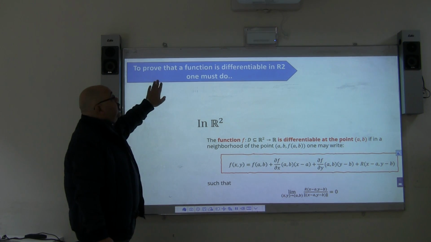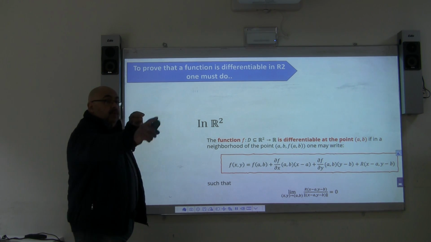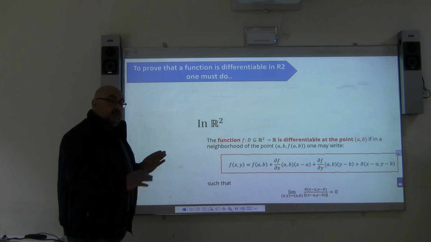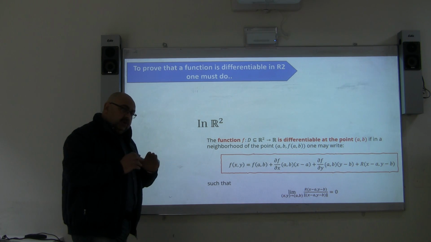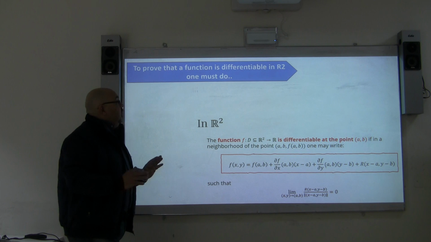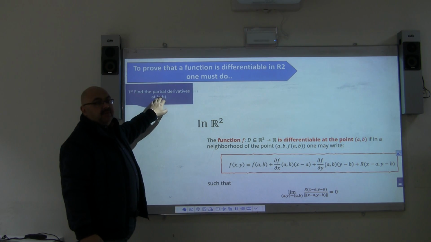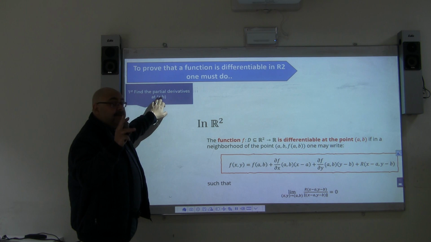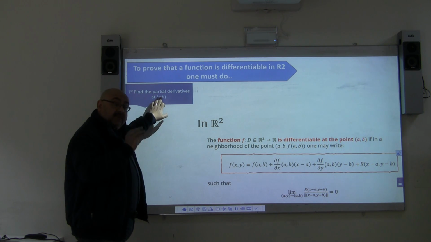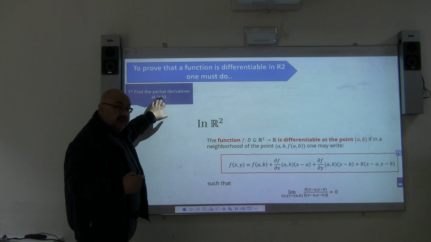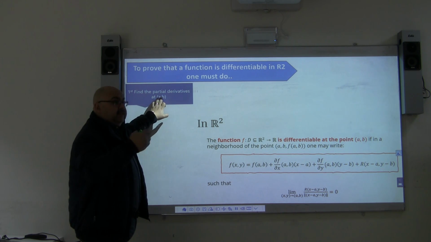To prove that a function is differentiable in R2, we must do the following. We saw how to prove that a function is differentiable in one variable. In two variables, what are we going to do? Step number 1, find the partial derivatives, either by using the principal laws or the definition, or by getting the partial derivatives directly.